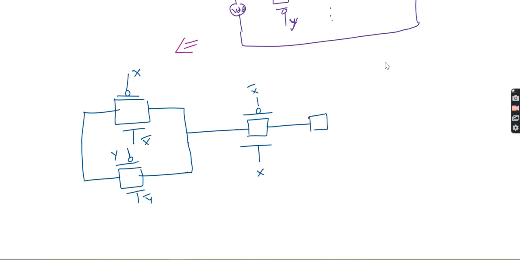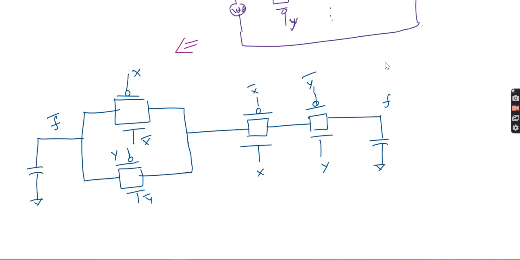Then again Y, and this is supposed to be Y bar. Then this will be your output, where we convert to capacitance. This is your F. Then what about F bar? F bar has to be taken here, because there are two stages, right? So here this will be your F bar.